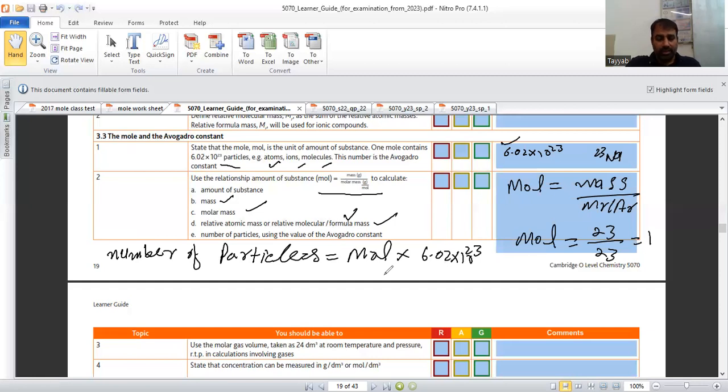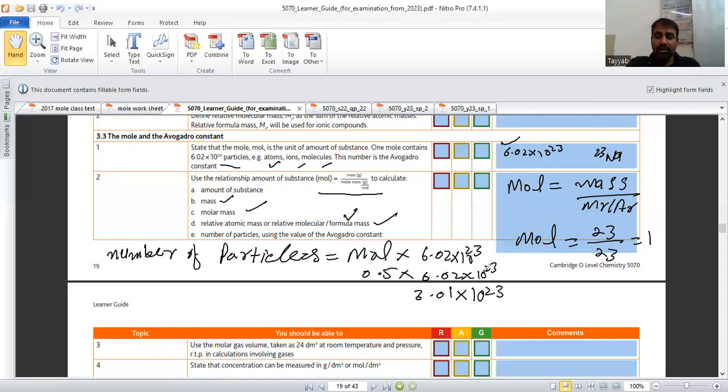If 1 mole, then 6.02 × 10^23, which is the definition. If not 1 mole but 0.5 mole, then what is the number of particles? 0.5 × 6.02 × 10^23, which will be half of this one. The answer is 3.01 × 10^23.